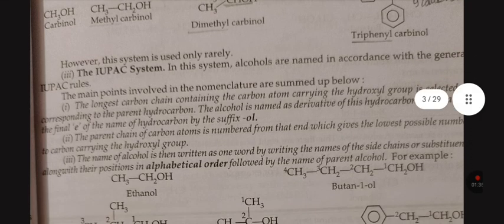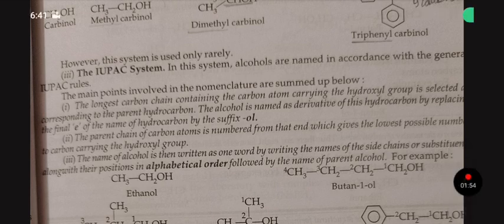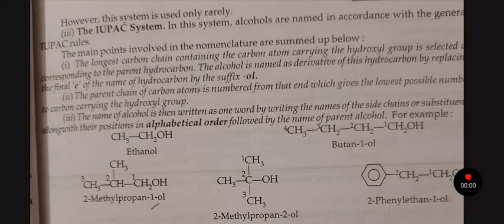In this system, alcohols are named in accordance with the general IUPAC rules. The main points involved in the nomenclature are summed up below. First, the longest chain containing the carbon atom carrying the hydroxyl group is selected, corresponding to the parent chain.